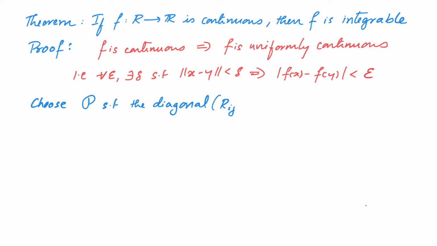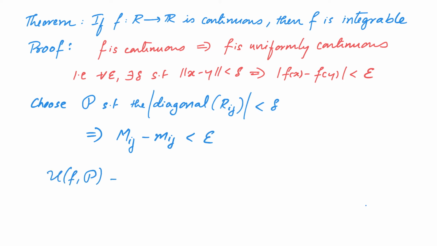Once we have uniform continuity, you choose a partition such that the diagonal of every rectangle in this partition will have length less than delta. If you choose such a partition, then notice that capital Mij minus small mij will be less than epsilon.